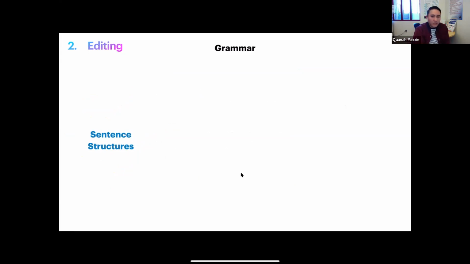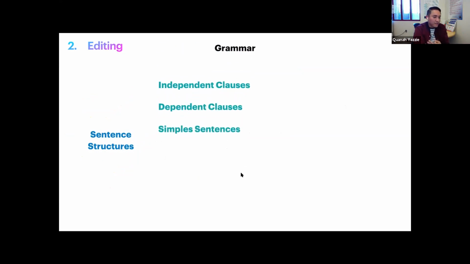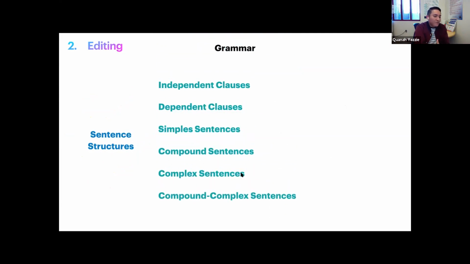Within sentence structures specifically, we're going to go into independent clauses, dependent clauses, simple sentences, compound sentences, complex sentences, and compound complex sentences. These are actually all related to one another. So I'm going to dissect where you can find those run-ons and so forth within your essay itself.